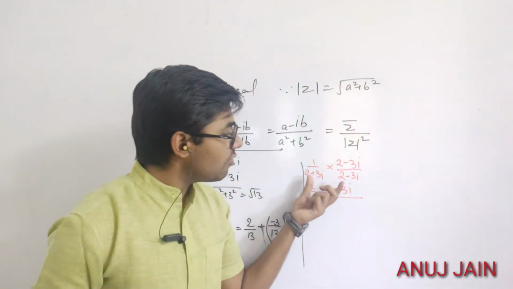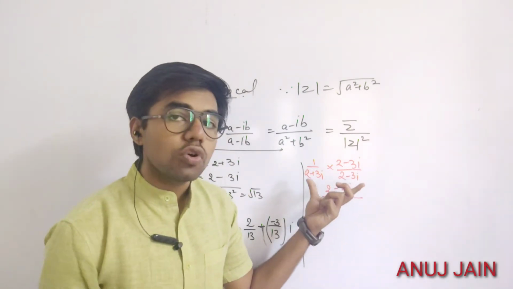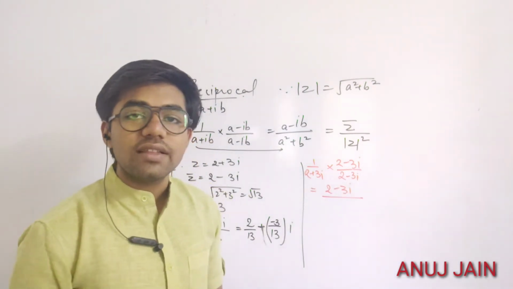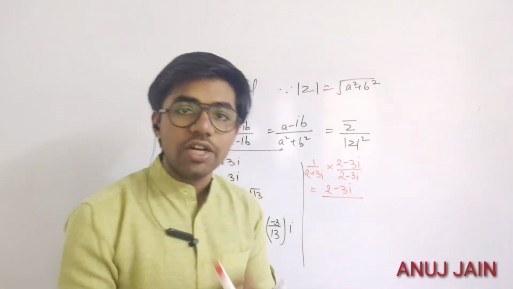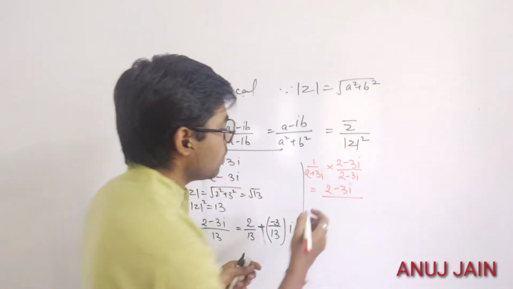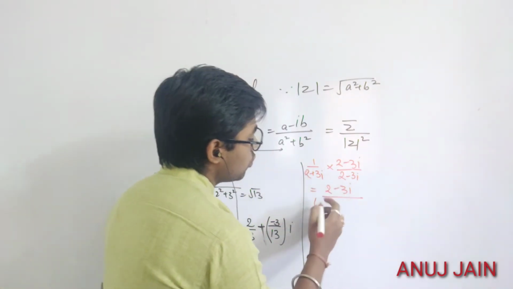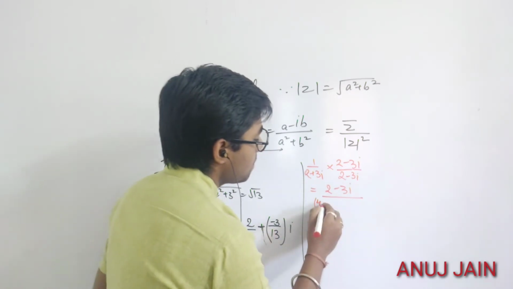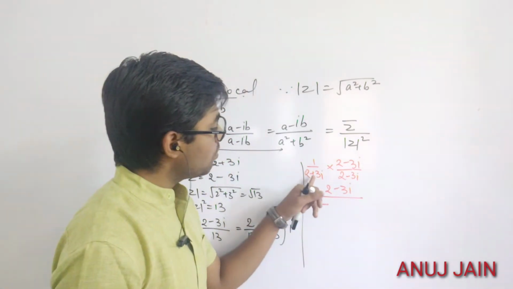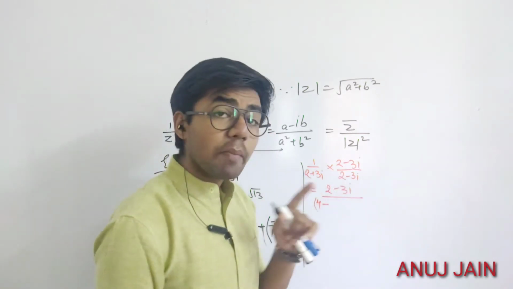And we know whenever we need to multiply two conjugate numbers, what we do? First we write the real part, that is a1 into a2 minus b1 into b2. So a1 into a2, 2 into 2, 4, minus b1 into b2. b1 is 3, b2 is minus 3.